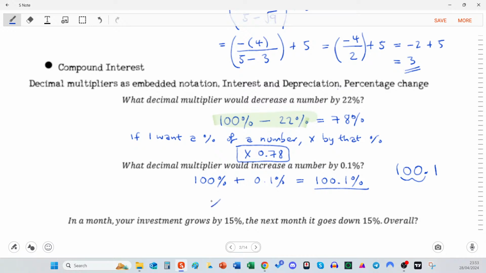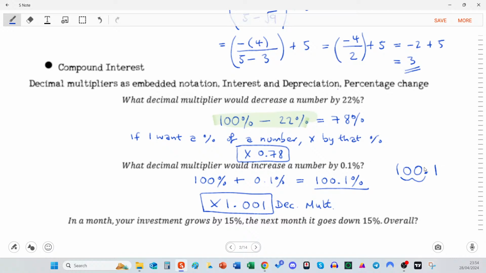So we get a decimal multiplier of 1.001. Beautiful. Something so technical can be structured, and we didn't even use too many brain cells, right?